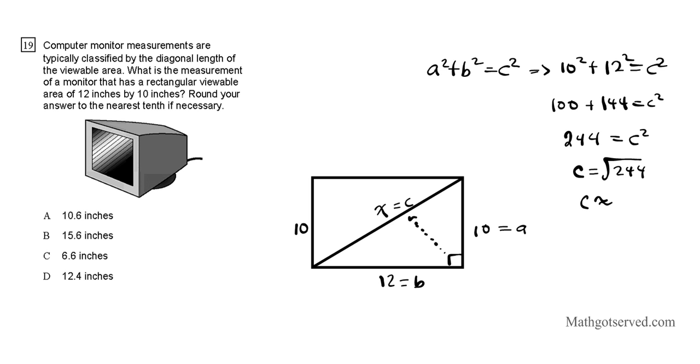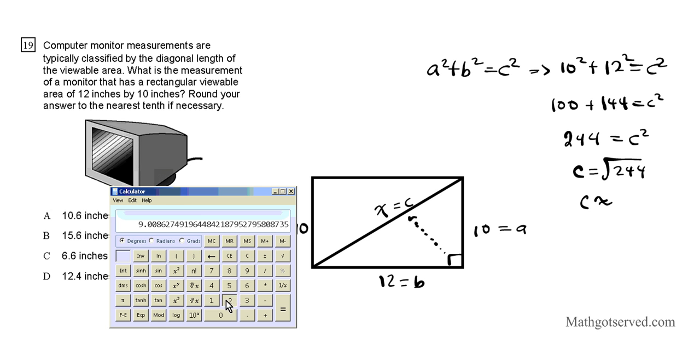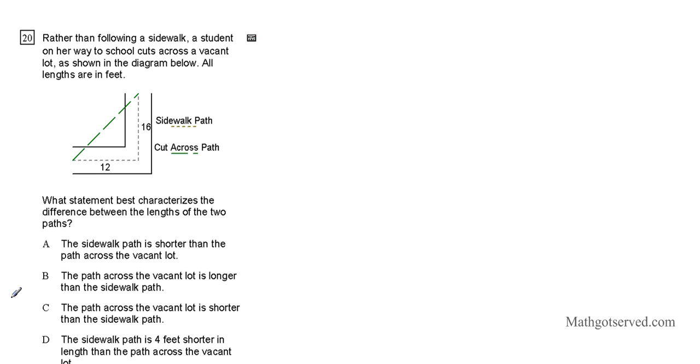So you can plug that in your calculator. Let's do that. 244 square root is 15.6. All right, so our answer is 15.6, and that's option letter B. All right, moving along.